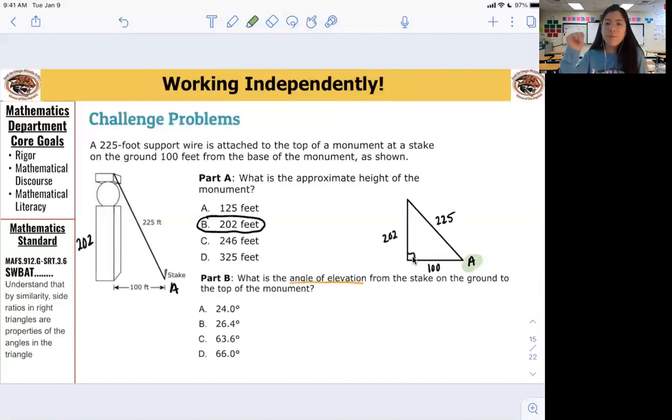Aren't you supposed to be using theta? Oh yeah, I can label this as theta. But what do you guys think? Do I have to use sine, cosine, or tangent, or does it not really matter which one I use?